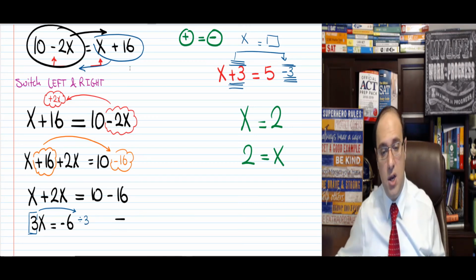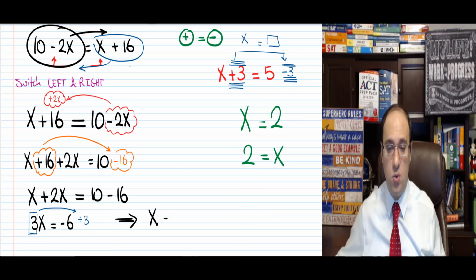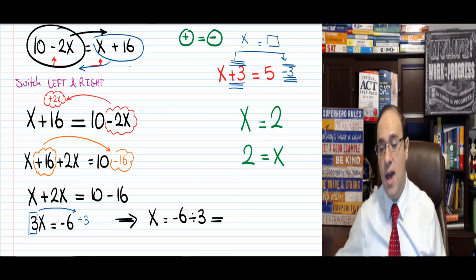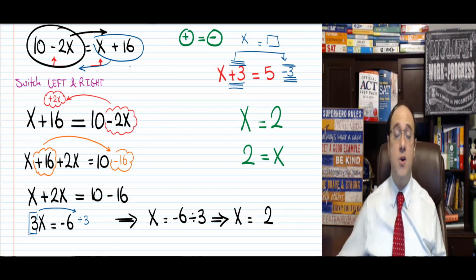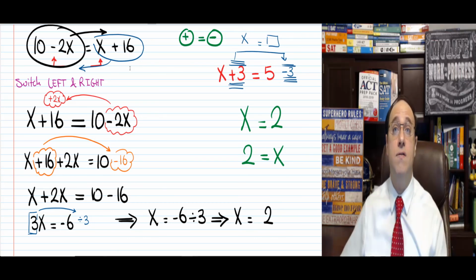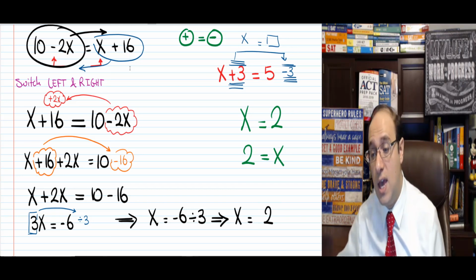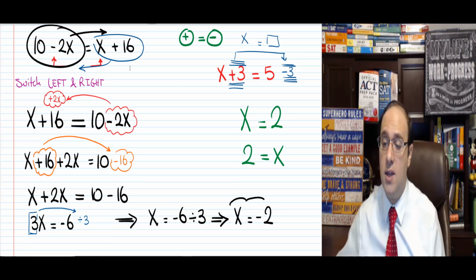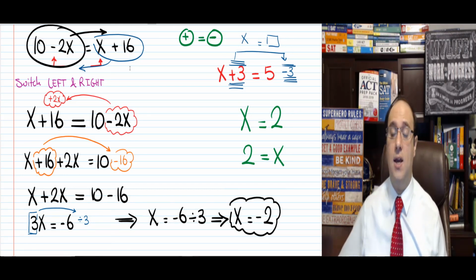This gives me a new equation, x equals negative 6 divided by 3. Okay, 6 divided by 3 is 2. There's a negative sign, and if there's one negative sign in the division or multiplication, then the answer has to be negative. So the answer is x equals negative 2.